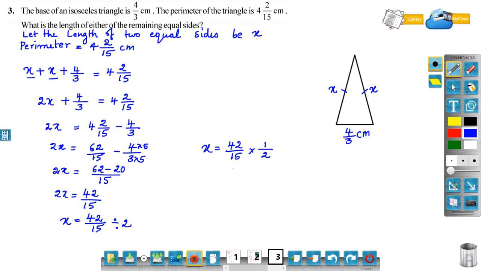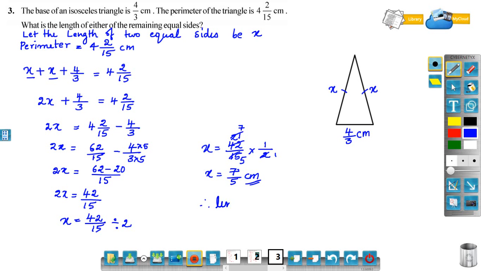Reciprocal of 2 is 1 by 2. So x is equal to, here you can cancel: 2 ones are 2, 2 twenty-ones are 42. 21 and 15 are divisible by 3. 3 sevens are 21, 3 fives are 15. So x is equal to 7 by 5 centimeter.